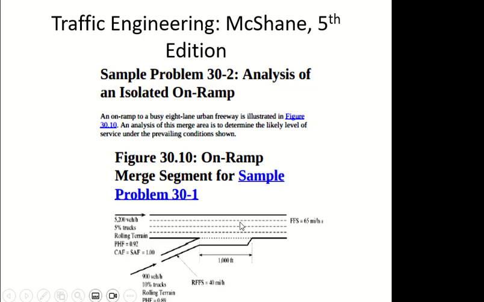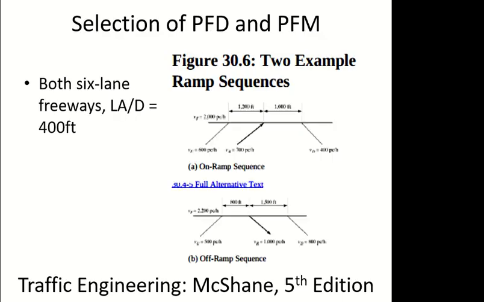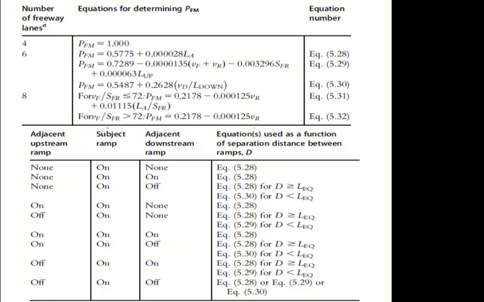No data about the upstream or downstream ramp. So I don't need the upstream and downstream data because the conditions are given here. So Vf upon SFR will tell me which equation to use.